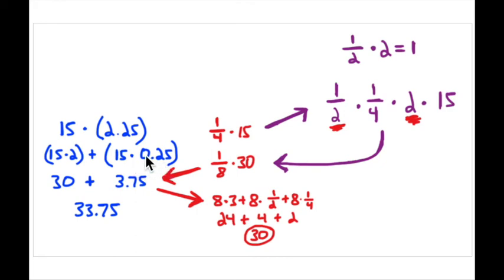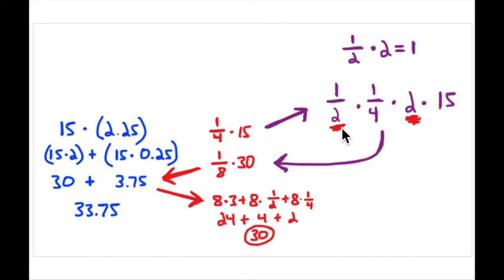So this 15 times 25/100 I'm rewriting right here as 1/4 times 15. So 25/100 is the same as 1/4 times 15. Now in multiplication, if you take one of the factors, 1/4, and take half of that, so 1/2 of 1/4, and you take the other factor and you double it, that really remains the same problem, because 1/2 times 2 equals 1.